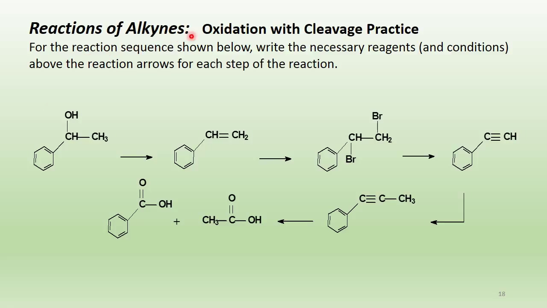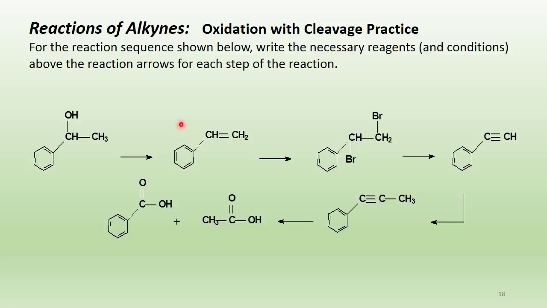So, oxidation with cleavage practice. For the reaction sequence shown below, write the necessary reagents and conditions above the reaction arrows for each step of the reaction. We're starting out here with a secondary alcohol and going to styrene, an alkene.